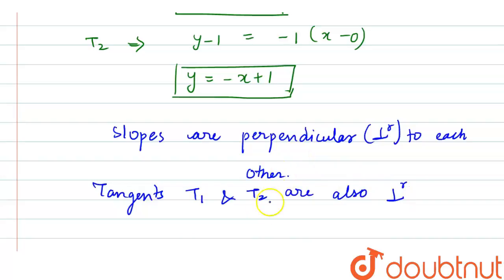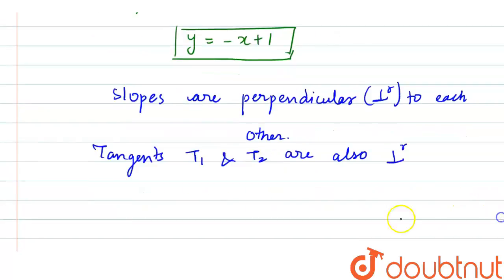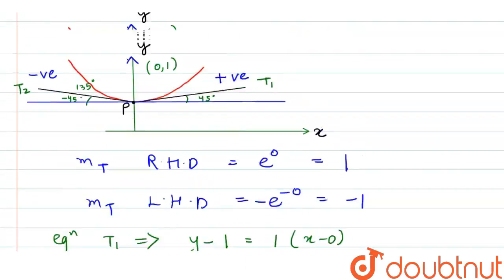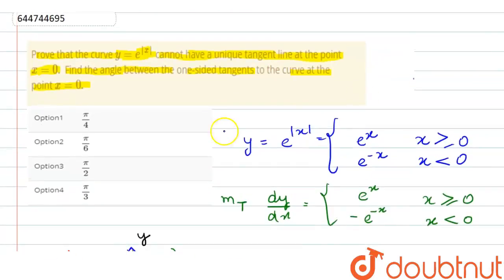If slopes are perpendicular, then tangents are also perpendicular, which means the angle between the tangents is 90 degrees, which means pi by 2. So our answer to this question is option 3, pi by 2.